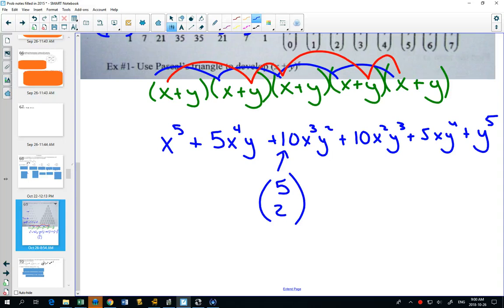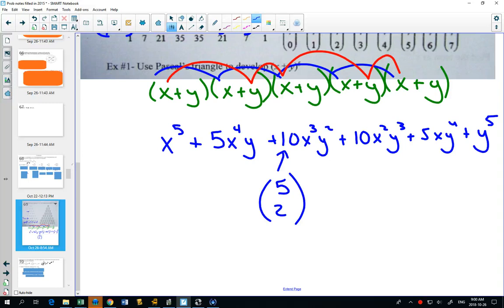If I think about all the arrows I could draw going across, this one right here is the situation where I have 2 y's. How many different ways could I draw arrows that had 2 y's that are all different? 10 ways. And why is it 10 ways?